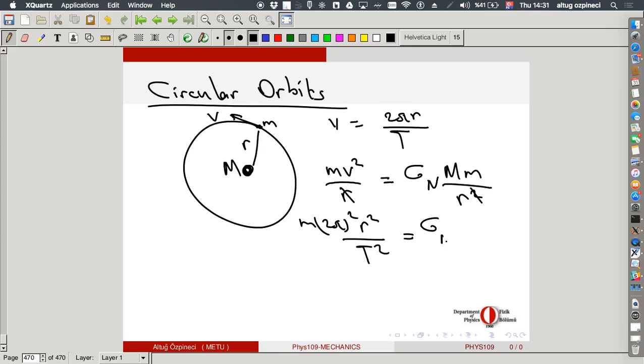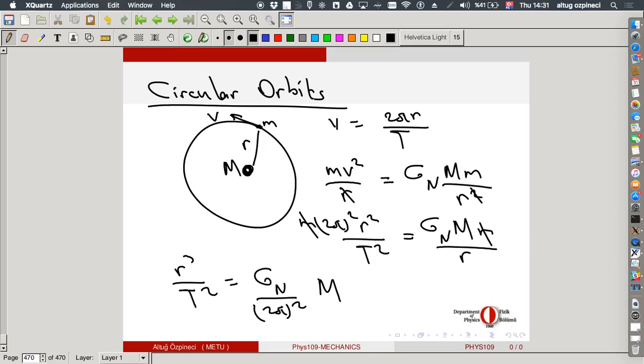So this should be the central force to keep this satellite in orbit. This should be equal to the gravitational attraction between the satellite and the sun or the planet. So let's just cancel these.